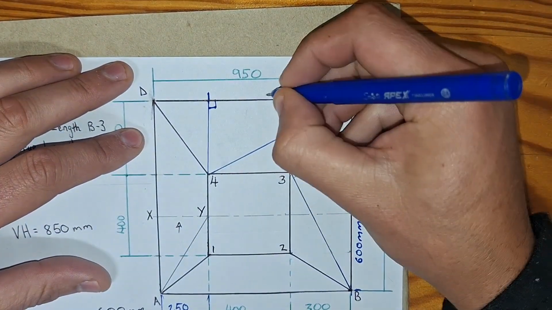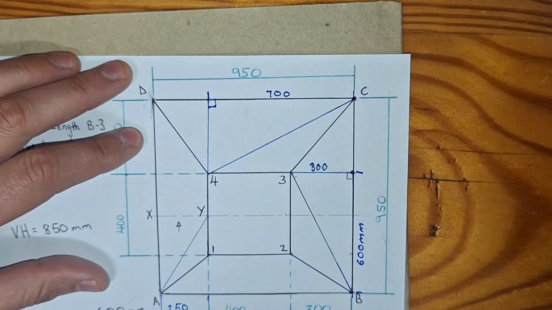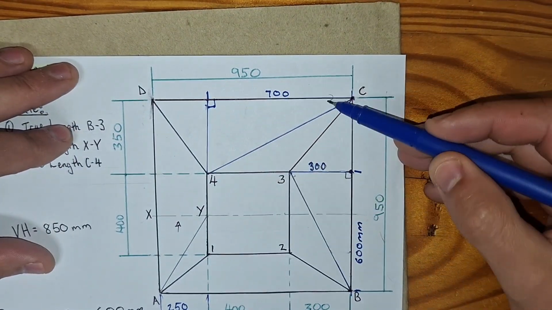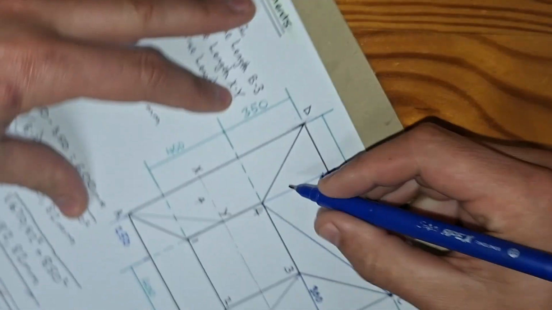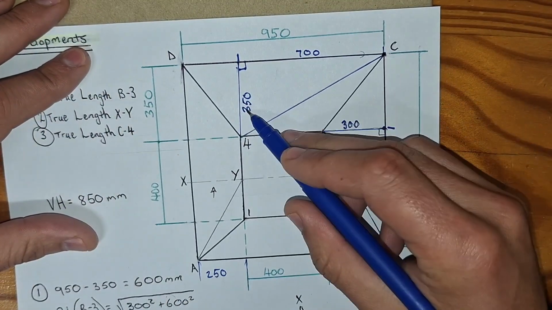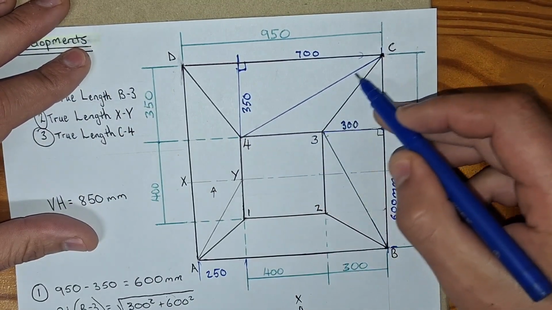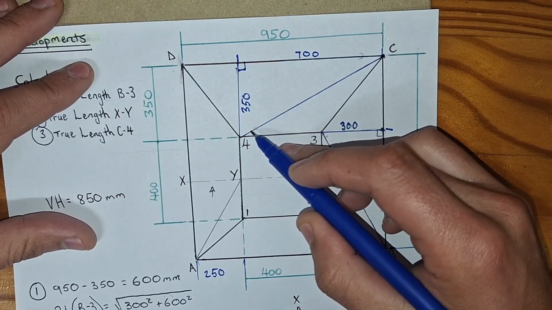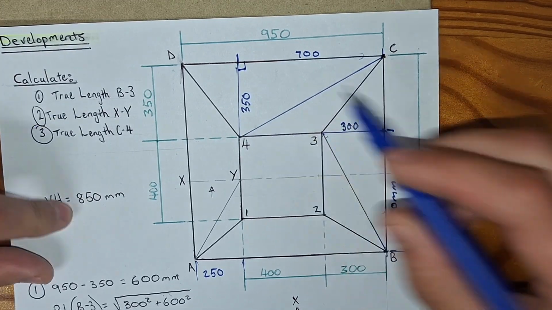So from there to there is 700 millimeters. The vertical height over here, focusing on this triangle, is 350. And then we can use these 2 values to get the base length C4, and thereafter we will put this in proportion with the vertical height, which is 850.